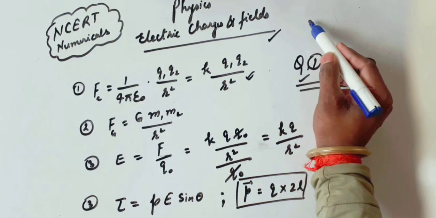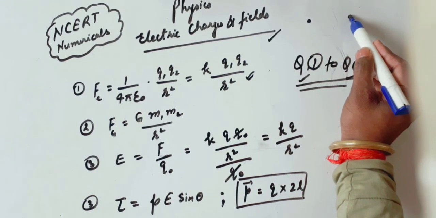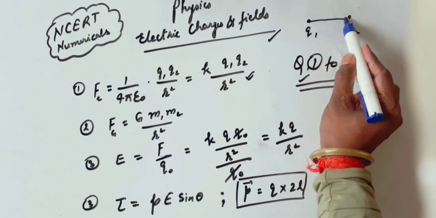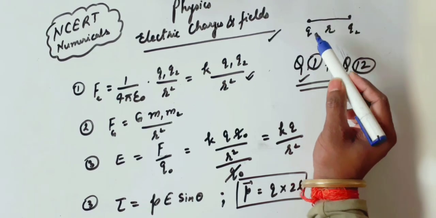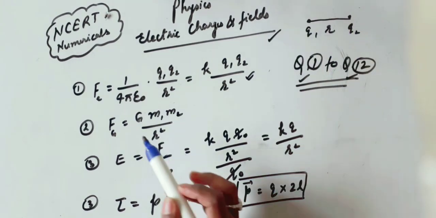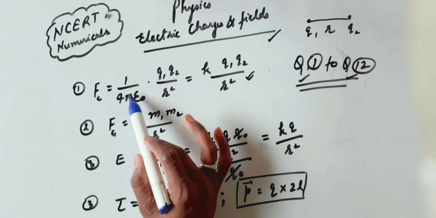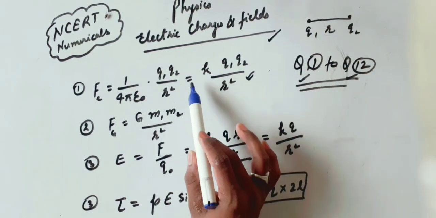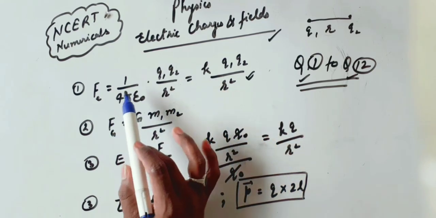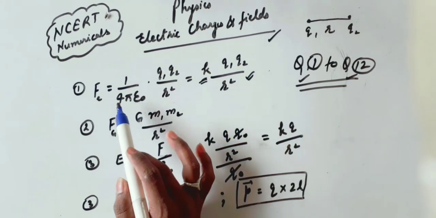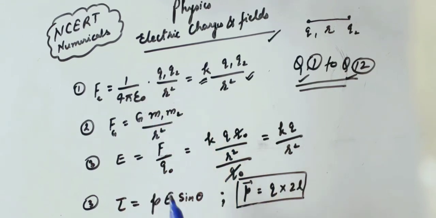Let us suppose these two charges q1 and q2 are separated by a small distance r. So the electrostatic force acting between these two charges will be equal to 1 upon 4 pi epsilon naught into q1 q2 by r square, which can be written as k q1 q2 by r square, because this k is equal to 1 upon 4 pi epsilon naught.